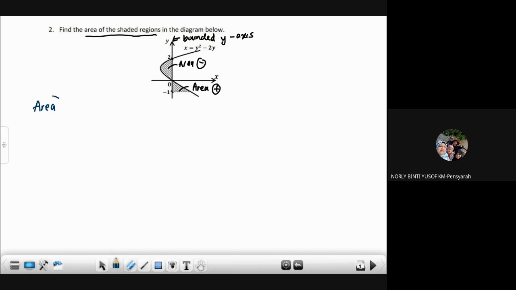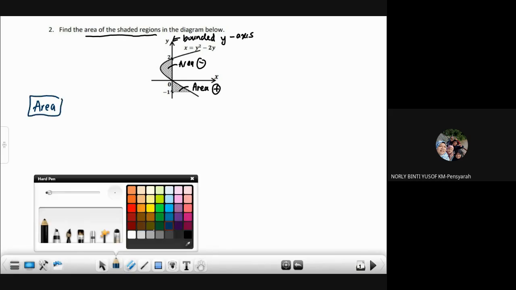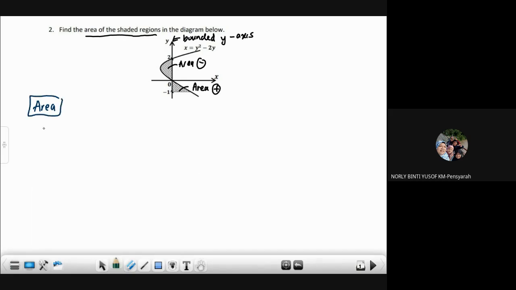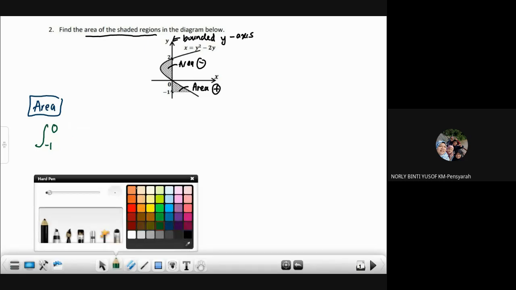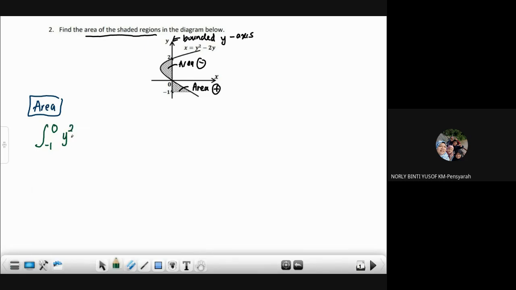So finding the area. So firstly the first part, from -1 to 0. The function is already in terms of x. Topic, that means y term, y squared minus 2y. Kalau yesterday dia bagi function tu dalam x, jadi you kena derive y tu as a topic dengan you lukis graph.